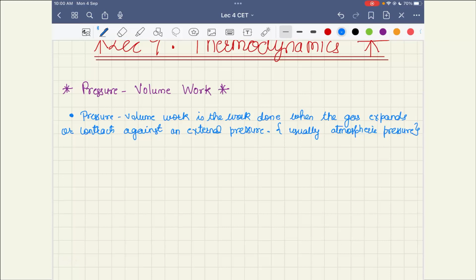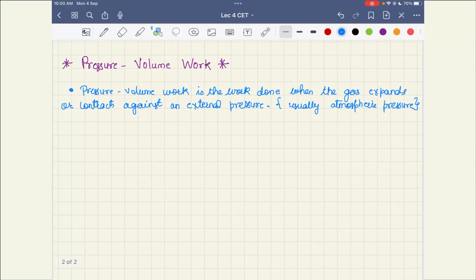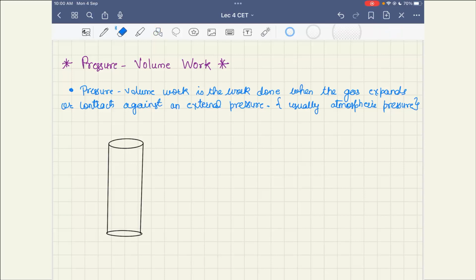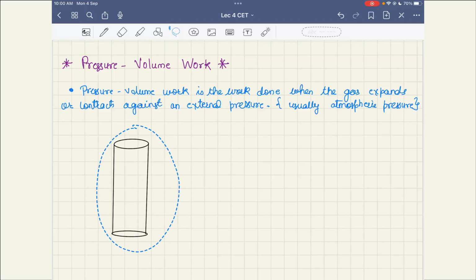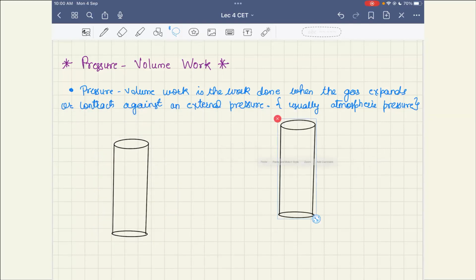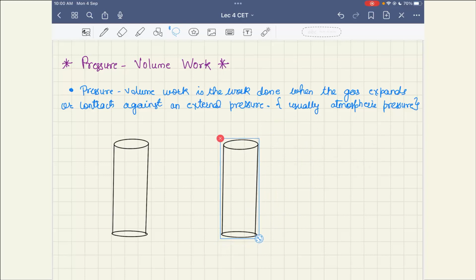So in order to understand this, let me draw a figure. Consider this is a cylinder. This is also a cylinder.